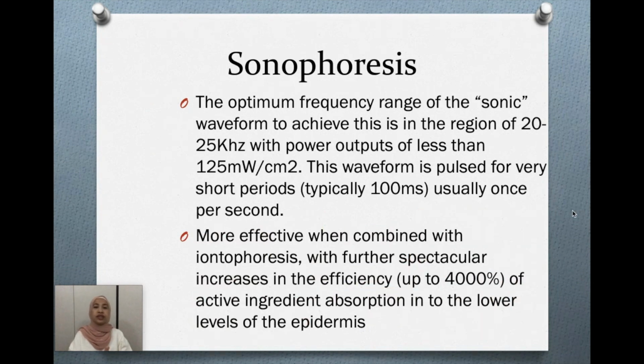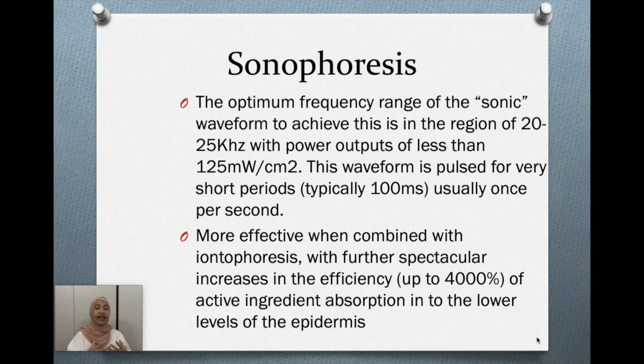The frequency range of ultrasound is between 20 to 25 kilohertz, while the power should be less than 125 milliwatts per centimeter squared. It has been shown that sonophoresis is more effective if you use it with iontophoresis.